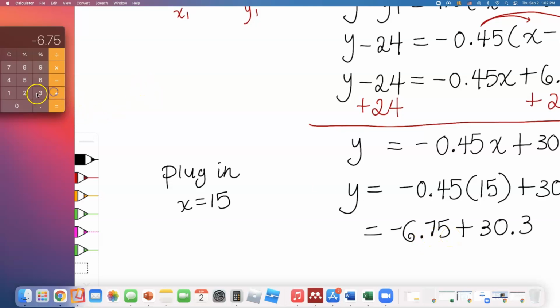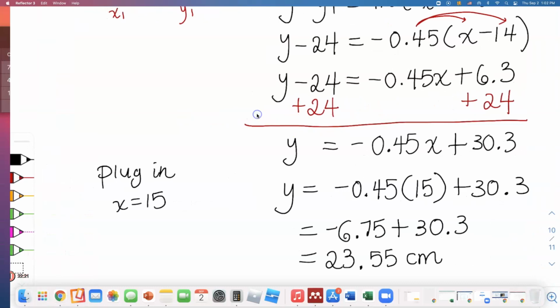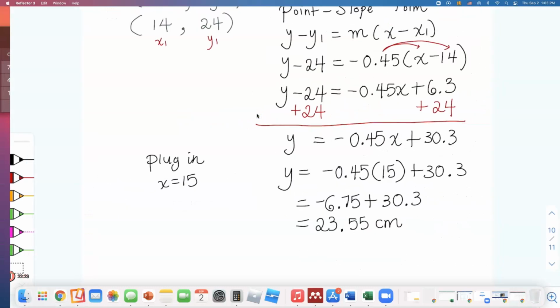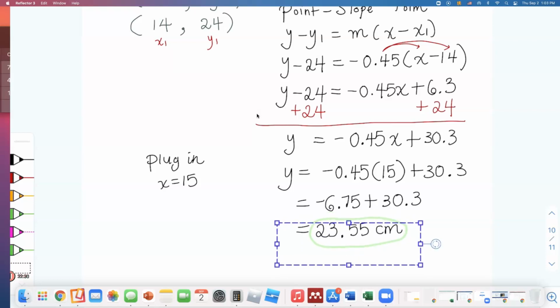So I'll add 30.3. So this candle will only be 23.55 centimeters long after 15 hours of burning. So how useful these equations are, because you can plug in any input value to figure out the height of the candle.